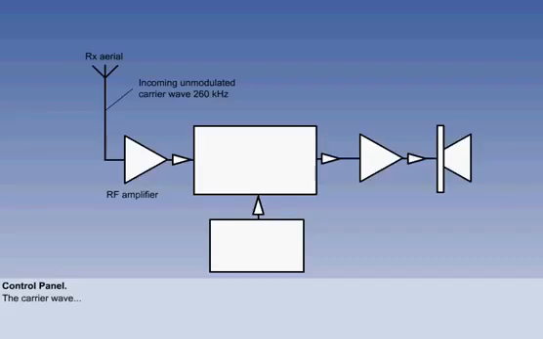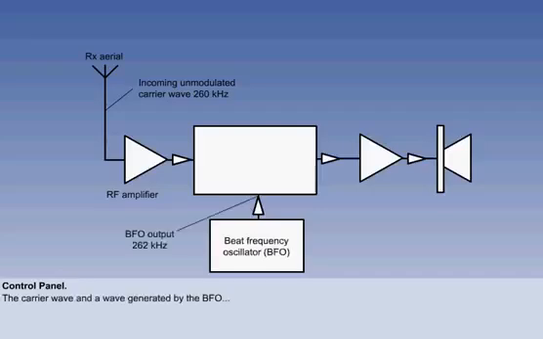Let us say that the carrier wave is transmitted at 260 kHz. The BFO generates an alternating current, which differs from the incoming carrier wave frequency by 2 kHz at 262 kHz. Both signals are fed into a frequency mixing unit, a heterodyne unit.